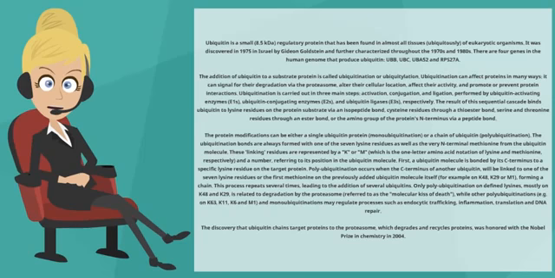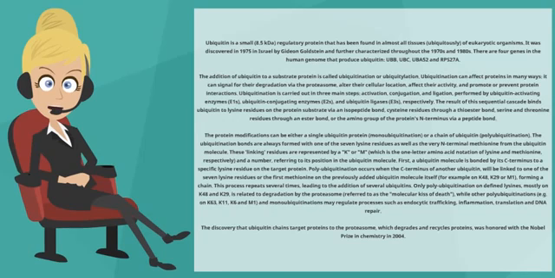The result of this sequential cascade binds ubiquitin to lysine residues on the protein substrate via an isopeptide bond, cysteine residues through a thioester bond, serine and threonine residues through an ester bond, or the amino group of the protein's N-terminus via a peptide bond.